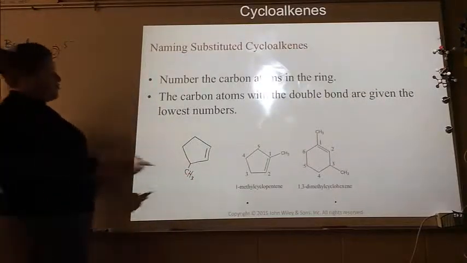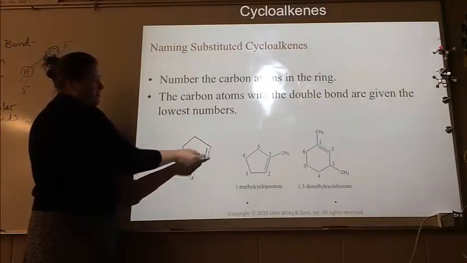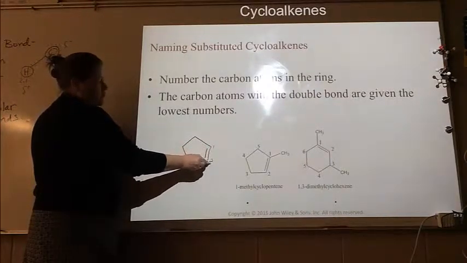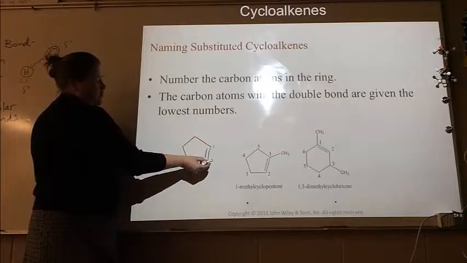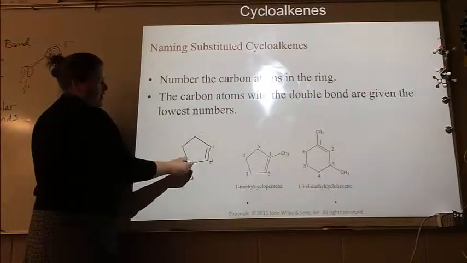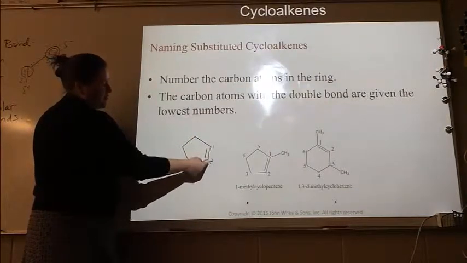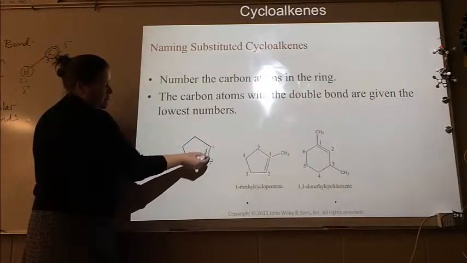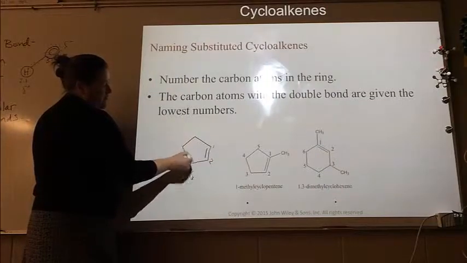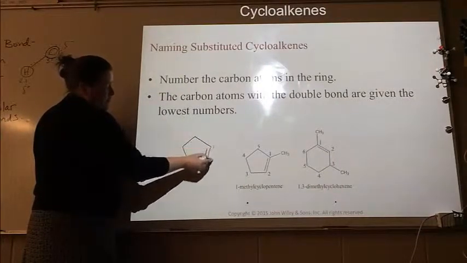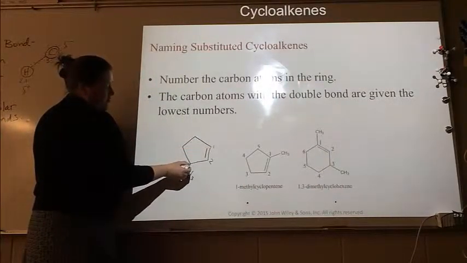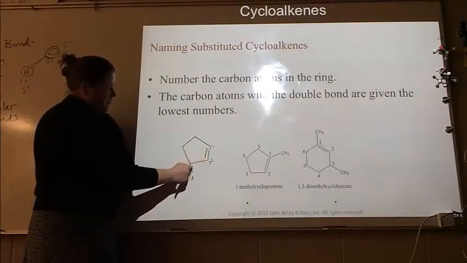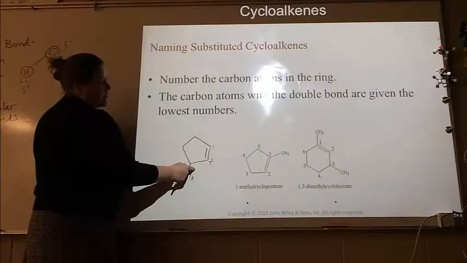The 1 and 2 have to be around that double bond, so it's either going to be 1, 2 this way, or 1, 2 that way. And we're looking for the lowest number. Because this would be number 3 instead of 1, 2, 3, 4, 5, going around this way will give us the lower number. This becomes a 1-methylcyclopentene.